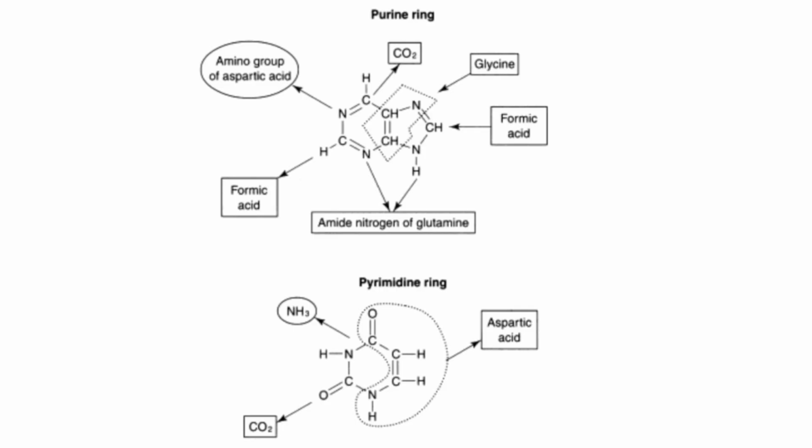So let's move on to donors of atoms in purine and pyrimidine rings. Formic acid donates the second carbon and the eighth carbon in the purine ring, while glycine donates the fourth and fifth carbon as well as the seventh nitrogen in the purine ring.